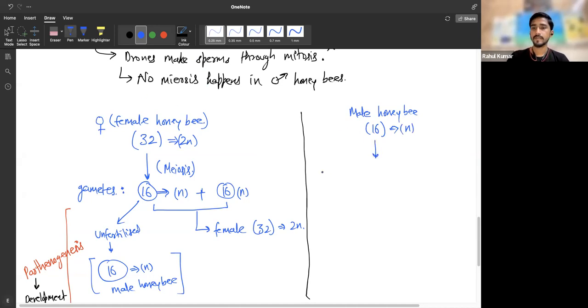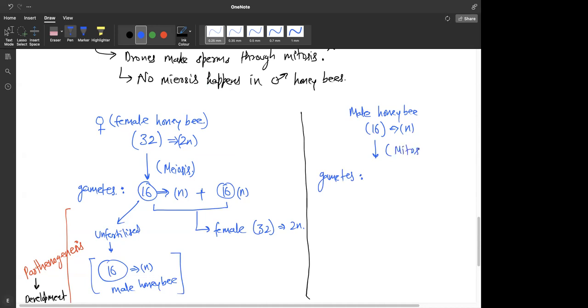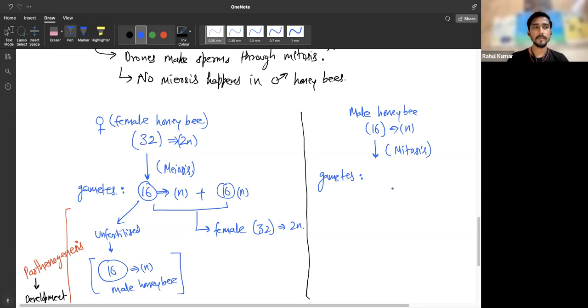Then it will form gametes, and gametes will be formed by mitosis. And when the gametes are formed, the gametes will also have 16, right? And then it will fuse with another gamete of the female and will give rise to female, right?